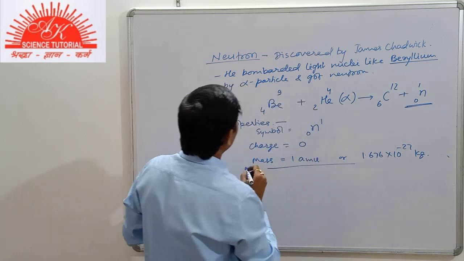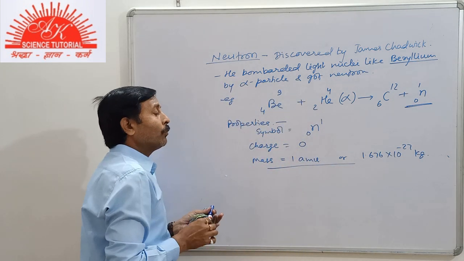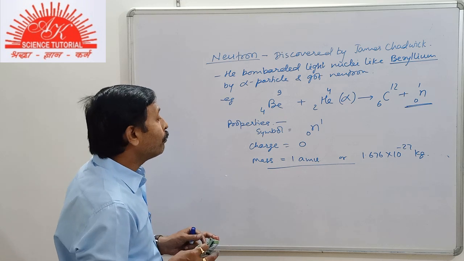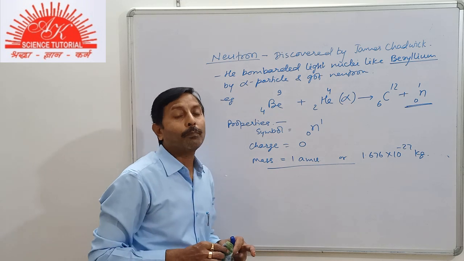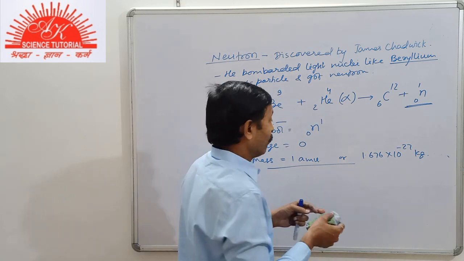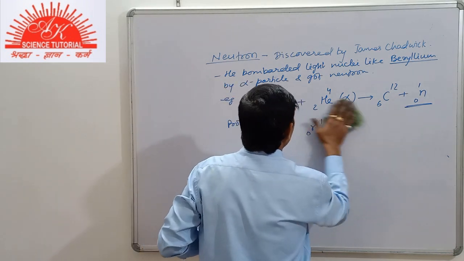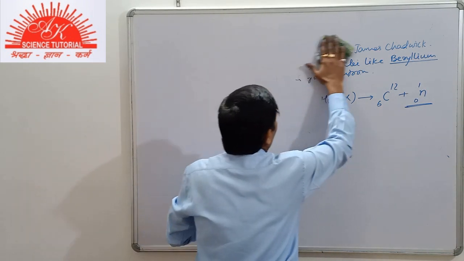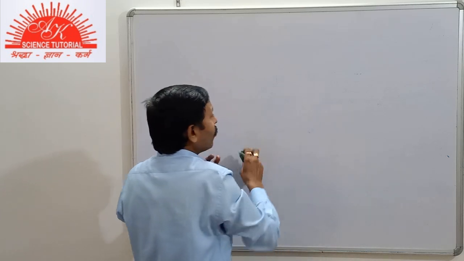So thus students, we have seen that there are 3 basic fundamental particles in an atom, that is electron, proton and neutron.